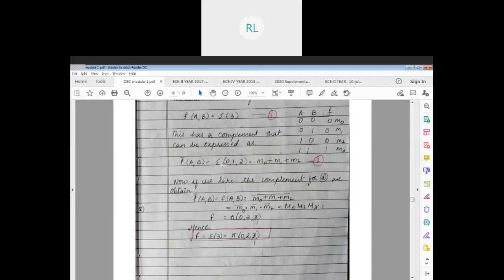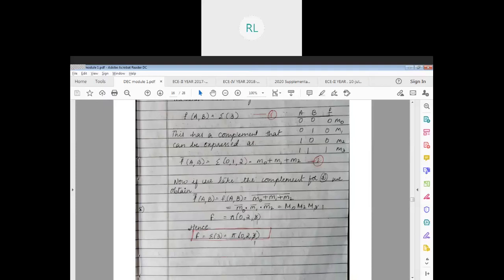So in simple terms, try to understand, 3 is for min term, and 0, 1, 2 are zeros. So if we consider zeros, it is for max terms.